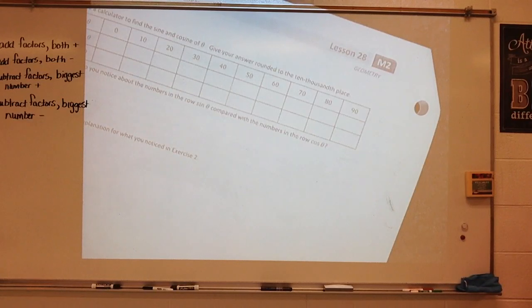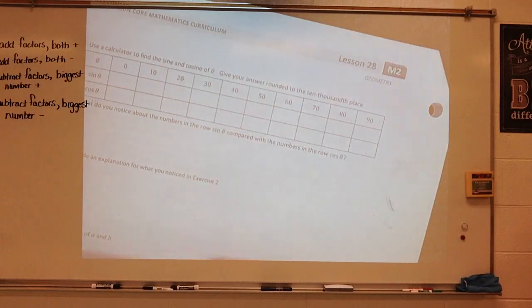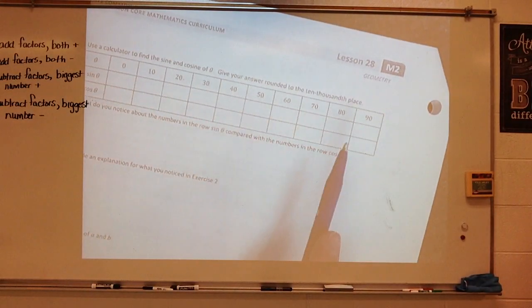Well, we've already talked about the sine of 0, 30, 60, and 90 degrees. Alright, we talked about those. So how am I going to figure out the rest of this?